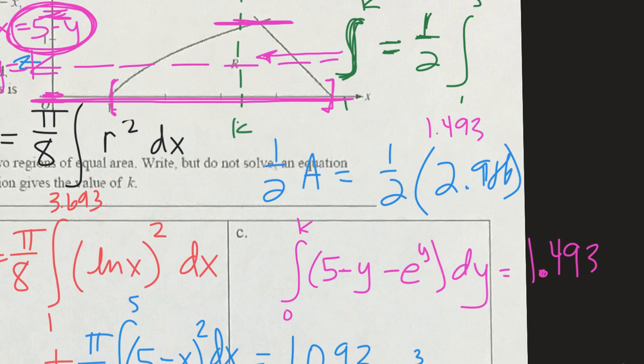Okay, so I believe this is, it's not pretty and it's definitely not easy to do, but this would be the formula that we would use to find the y value, from 0 to k, which is a y interval, because it wants a y equation, that is half of your total area. Remember when we're doing a y thing, it's right minus left, and thank goodness we don't have to evaluate this. We just have to write it down.